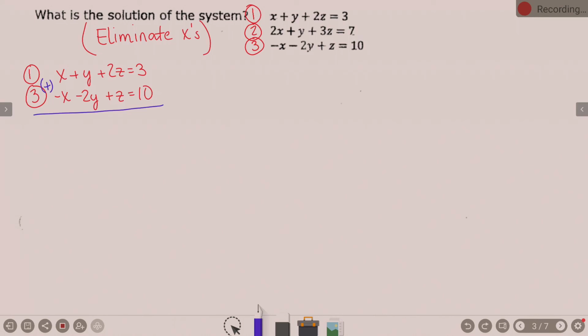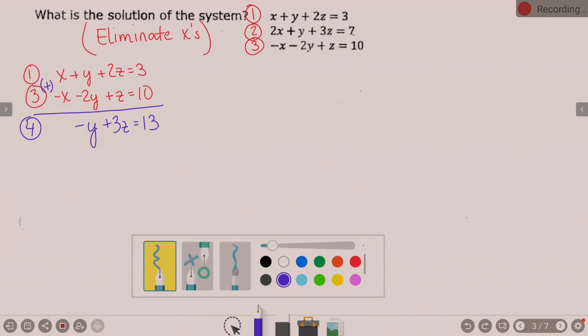What is x plus negative x? Cancel, 0, as we want it to be. What is y plus negative 2y? 1 plus negative 2 is negative 1y, or negative y. 2z plus 1z, 3z. Carry my equal signs down. 3 plus 10, 13. I'm going to call this equation 4.